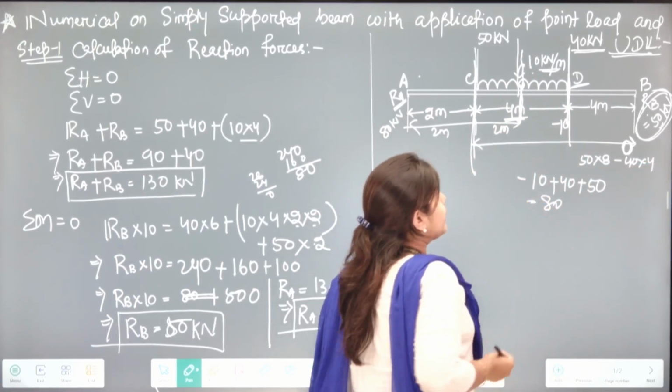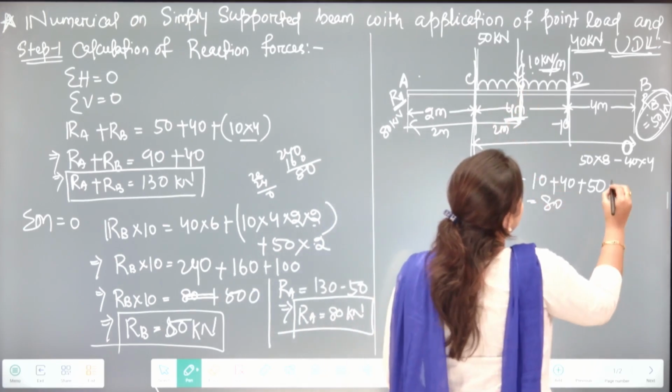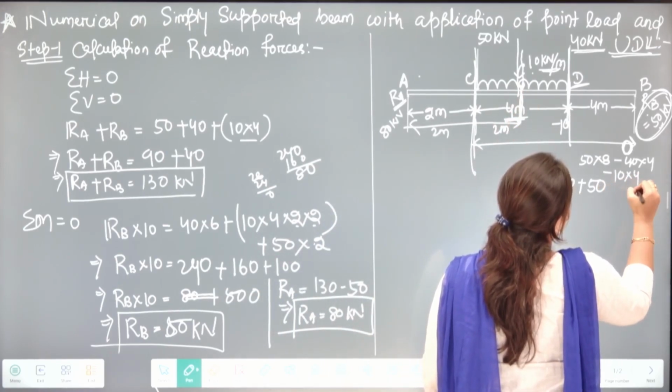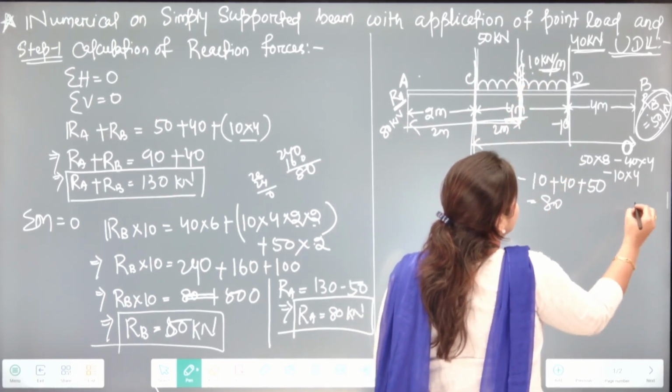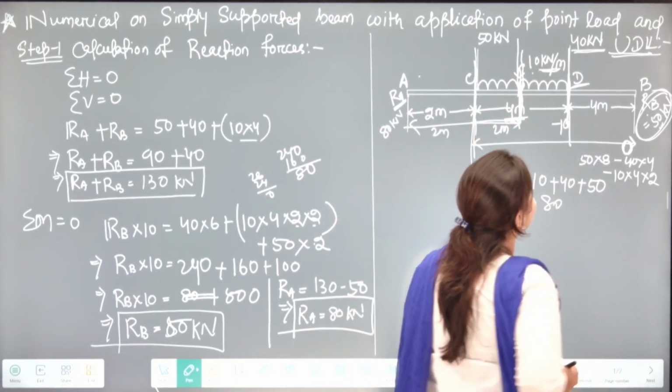Next, minus 10 into 4 multiplied with what? This distance, 2 meter.